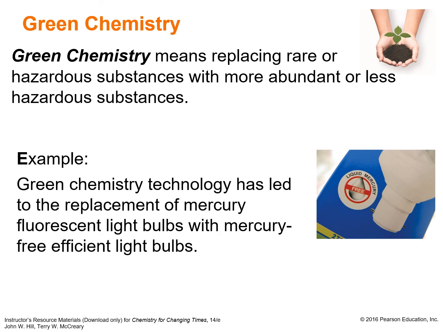And here you see this mercury-free bulb. So this is an example of green chemistry technology, which replaced the earlier fluorescent bulbs which used to contain mercury with these mercury-free light bulbs. So you're reducing the toxic element and thus contributing to green chemistry and to the environment. So here's an example of that. And with this, we wrap up chapter 2.